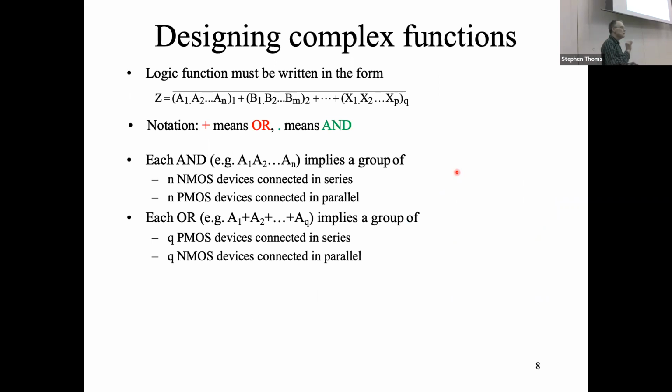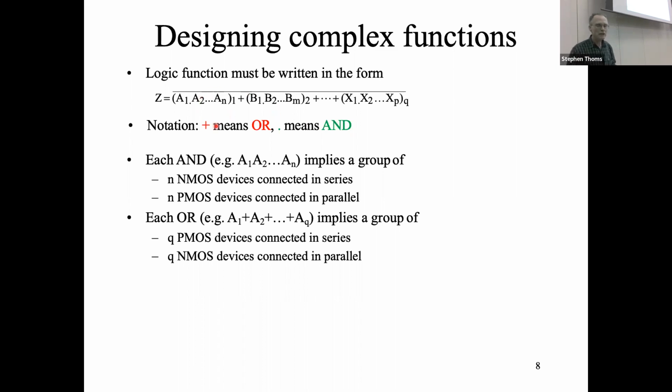So what you can see, though, is that you always end up with an inverted output. So essentially, what you can do is you can have something of this form here, where you've got a whole series of inputs which are ANDed together, ORed together, and so on. But the whole block is eventually inverted.